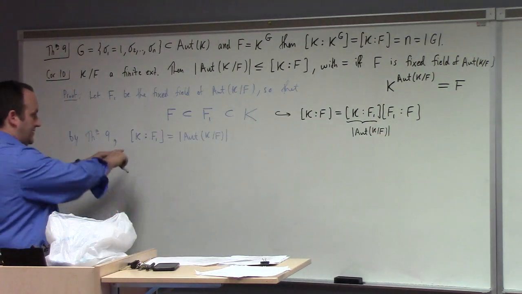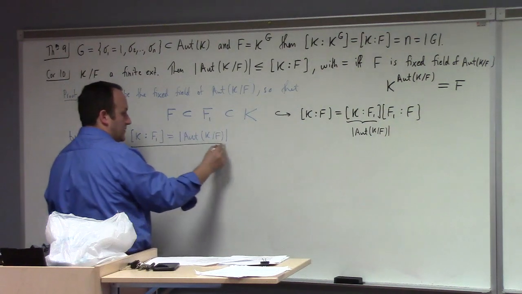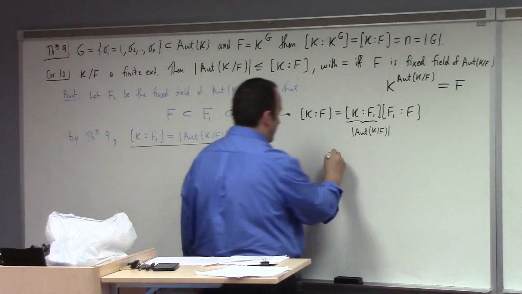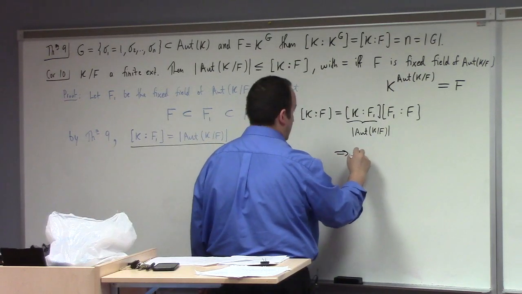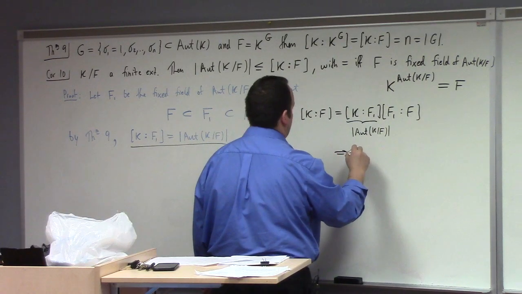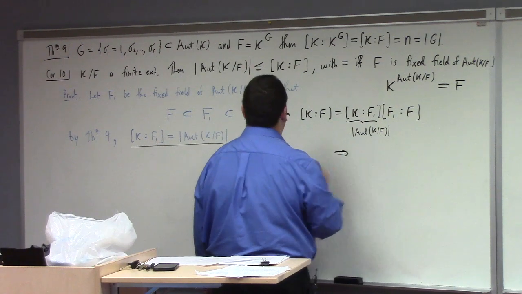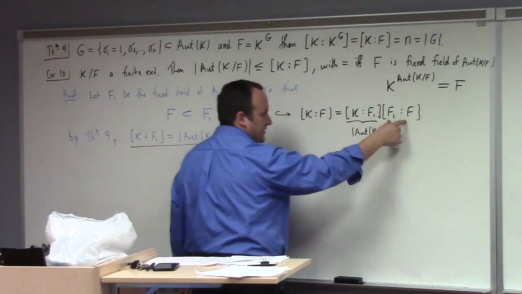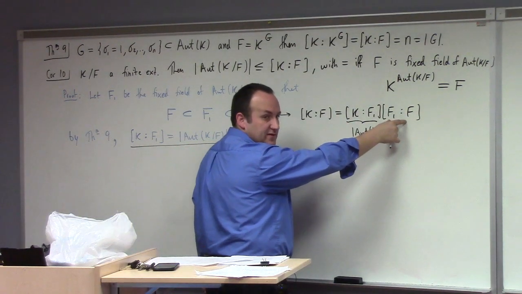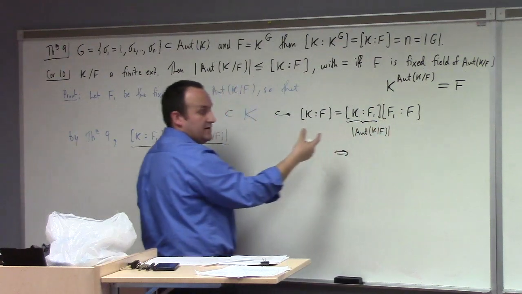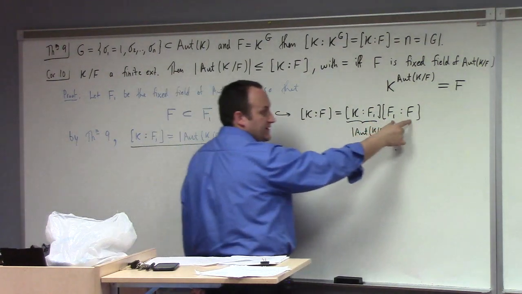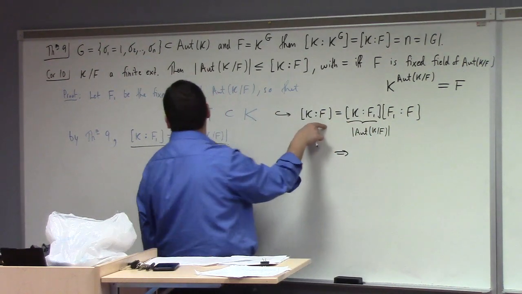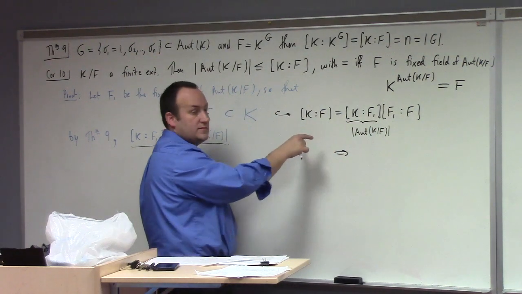If those are equal, right? By Theorem 9, that implies that then this has to be, if this is 1, right? If F happens to be the fixed field, I mean, you can see the equality also, right? If F1 is equal to F, then we get this is equal to that, which is part of the corollary with equality.